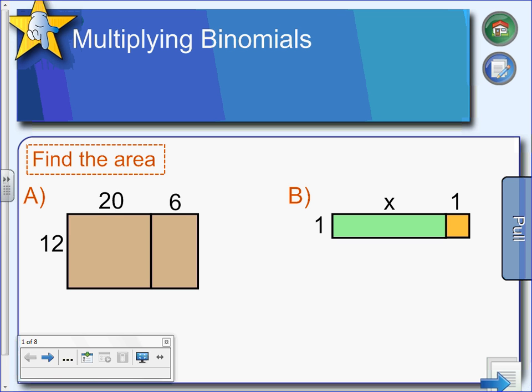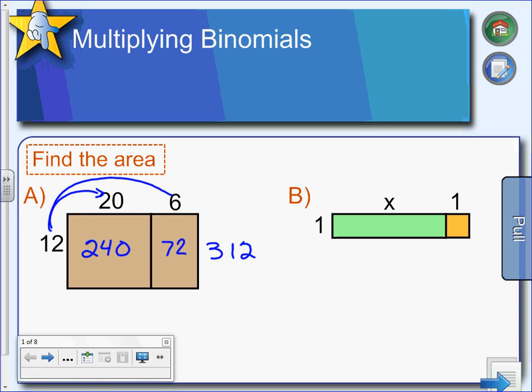To figure out the total area of this rectangle, if we put the two together, I would say 12 times the 20, and I would get 240. And then 12 times the 6, and I would get 72. And so I would end up with an answer of 312, if I'm not mistaken.